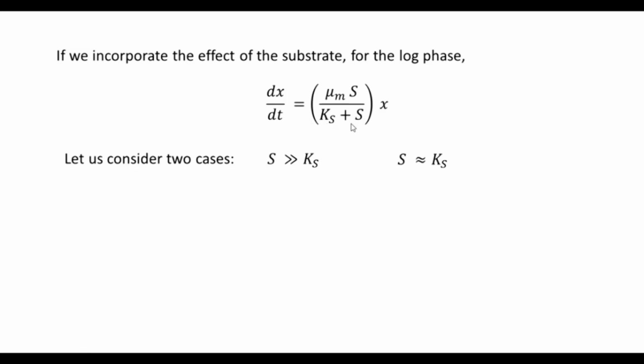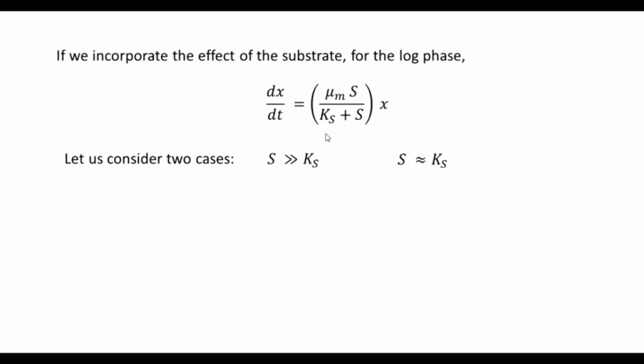Ks and S are added in the denominator. If S is much greater than Ks, let us say, just to illustrate, that Ks is 1 and S is 1000. Whether it is 1000 in the denominator or whether it is 1001 in the denominator, it is not going to make much of a difference to the value of this mu. So you can very safely replace Ks plus S with just S alone if S happens to be much greater than Ks.